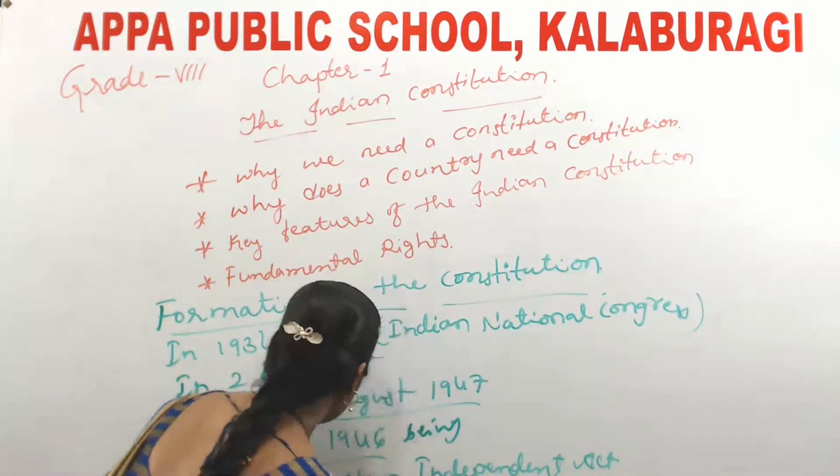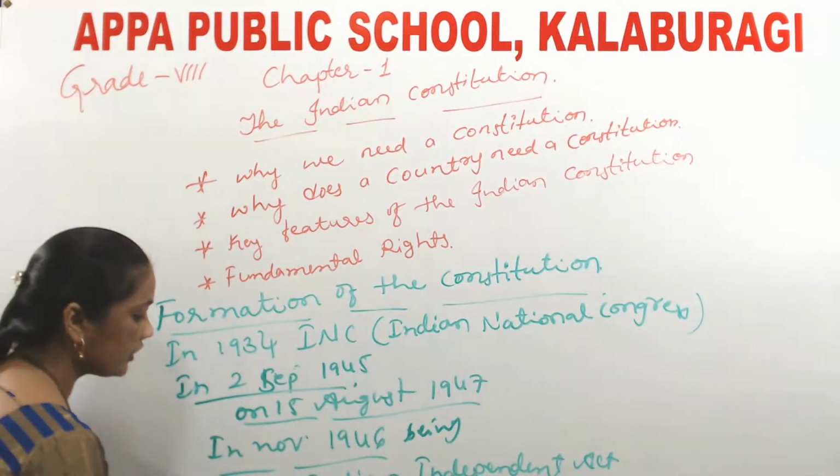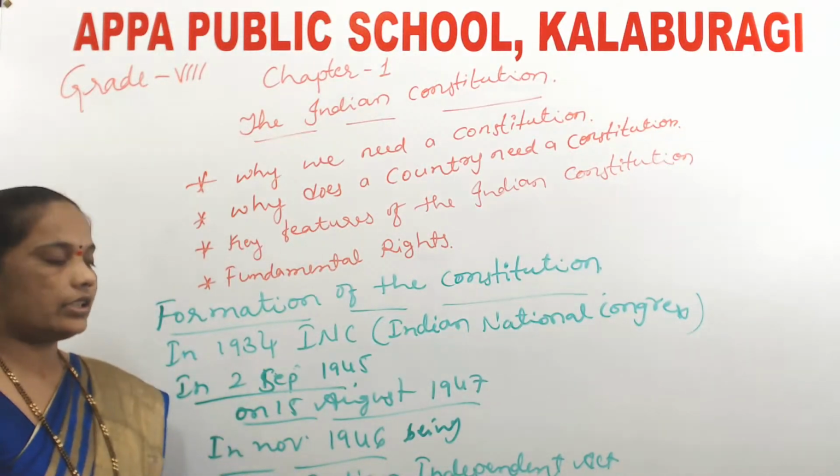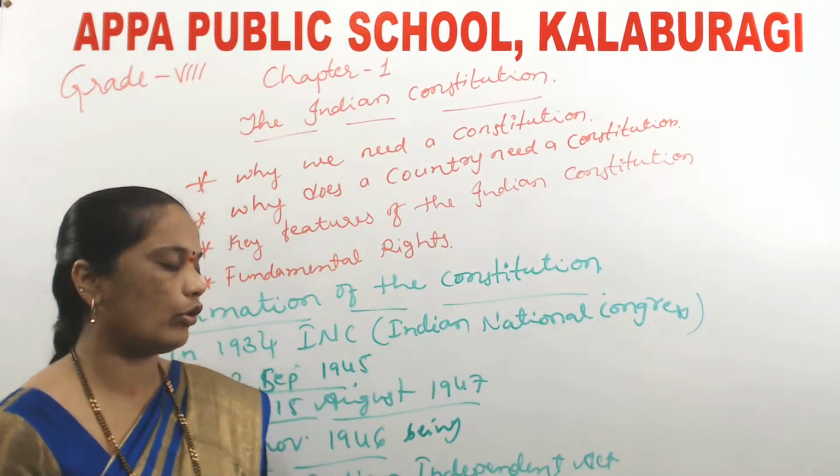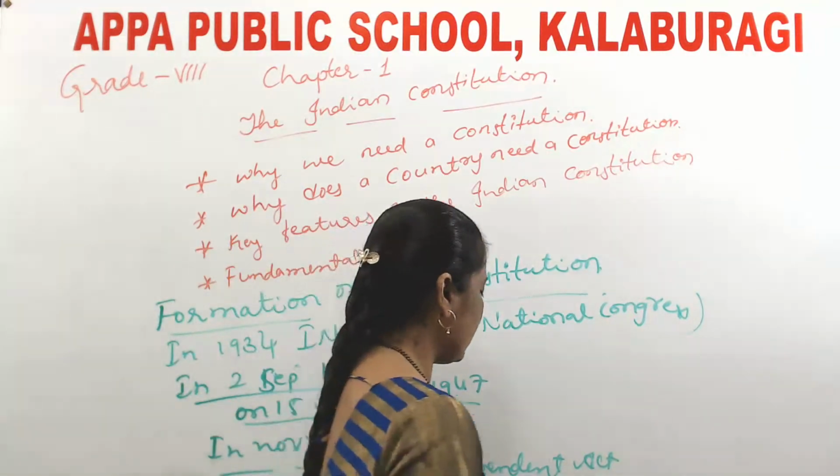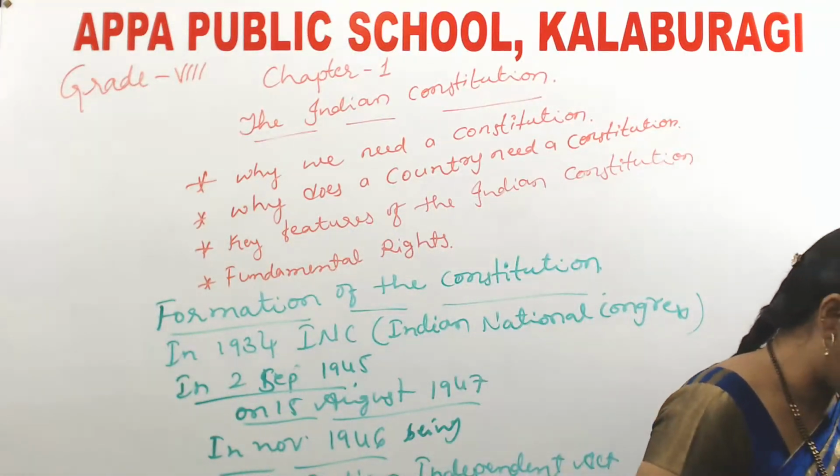After this, the Constituent Assembly became a sovereign body of the Indian Constitution.